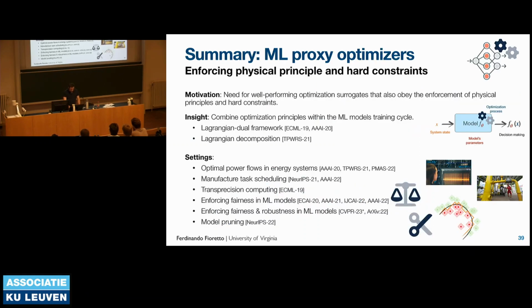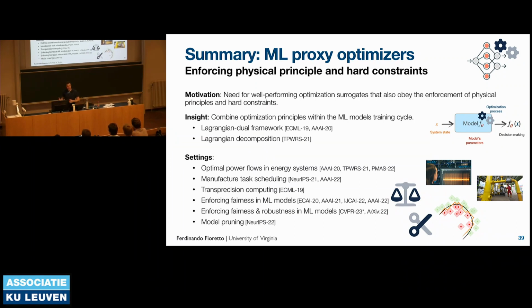Okay, so just to summarize this part of the talk, we were motivated by the need of creating well-performing optimizers, which approximate the solutions of actual optimizers, but also we needed to enforce physical and operational constraints for those optimizers.